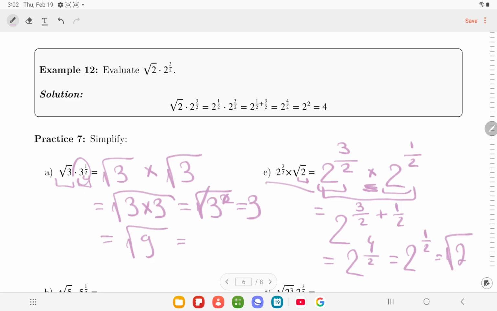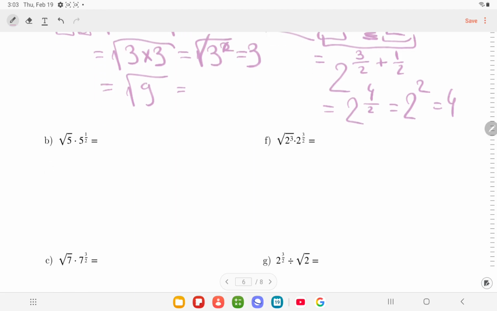I'm so sorry, 4 over 2 is not 1/2. It's 2. Oof. Yes, so 2 to the power of 4 over 2 is 2 to the power of 2, which is 4. My apologies. Let's do some more examples.